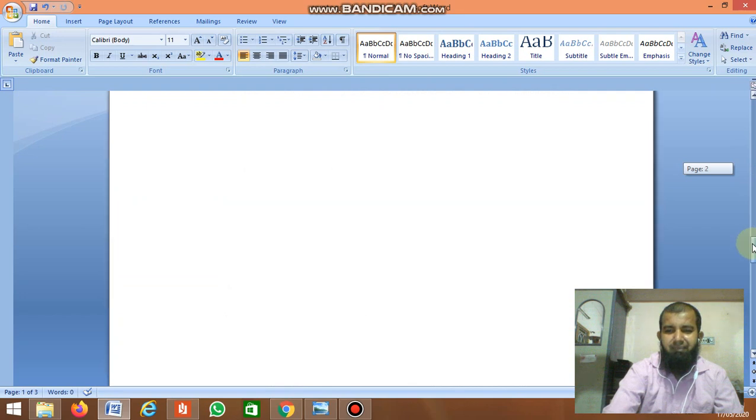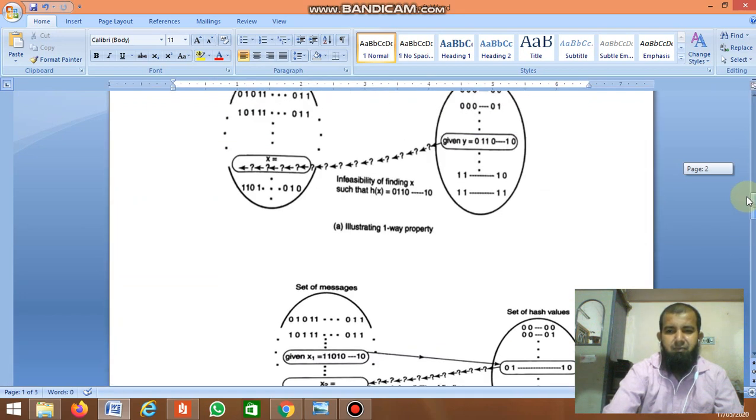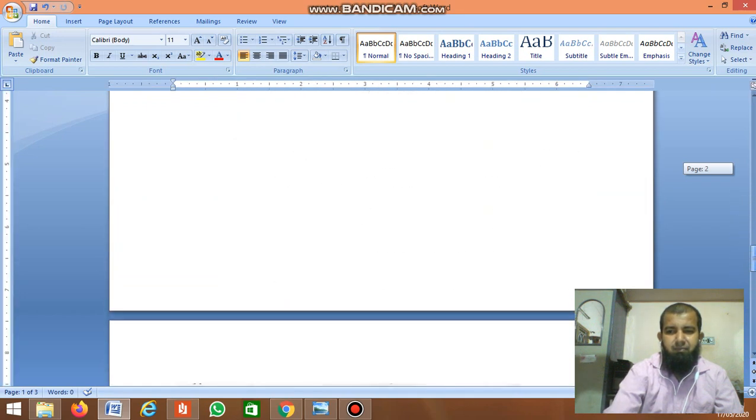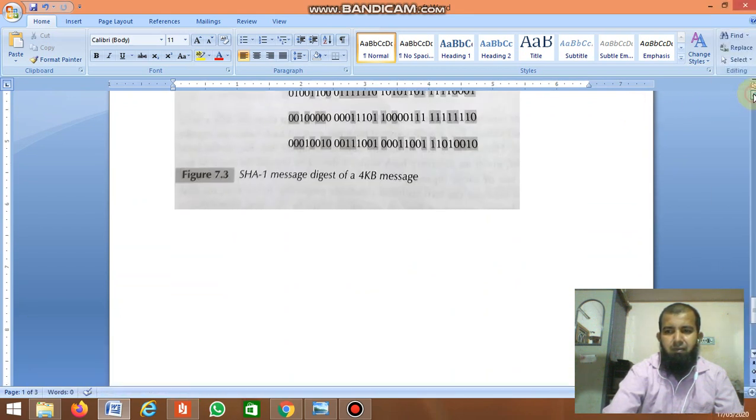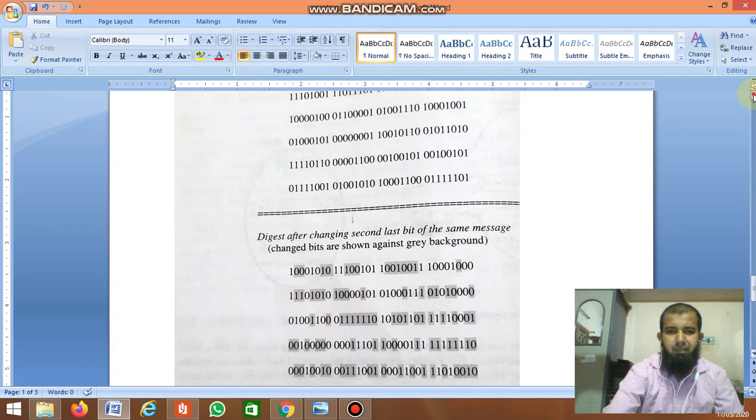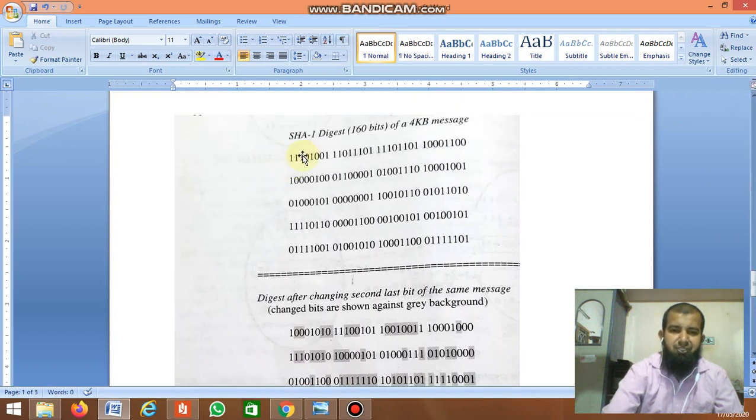Take an example here. These are the inputs and these are the outputs. Here a triple one is changed to 000, it gets flipped. And here the last bit 1 is changed to 0, it gets flipped. Clear?